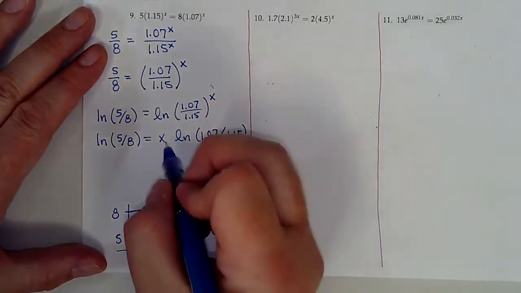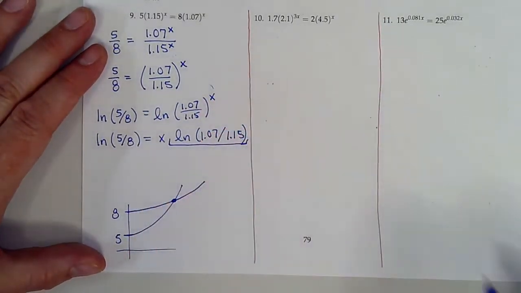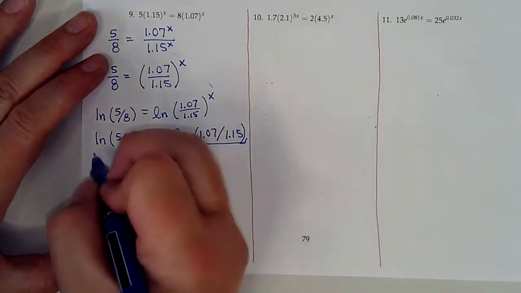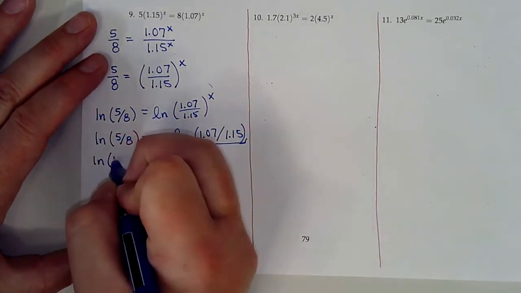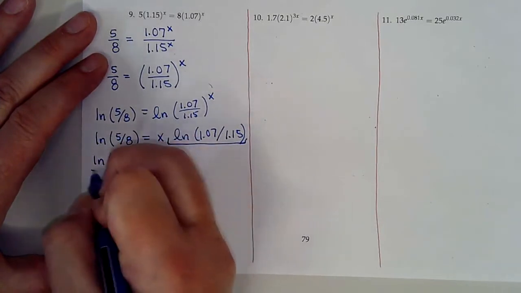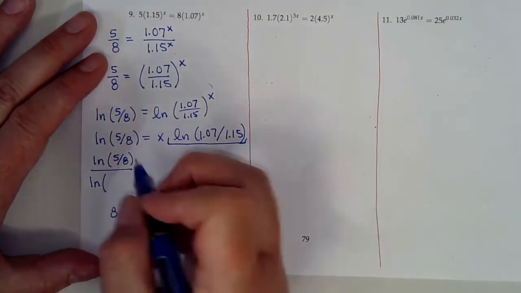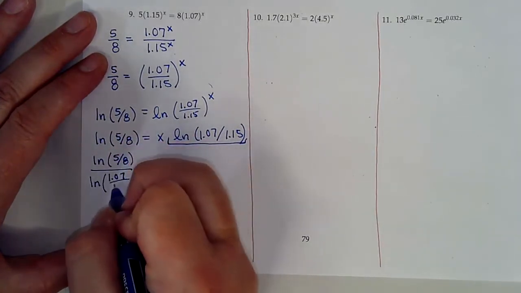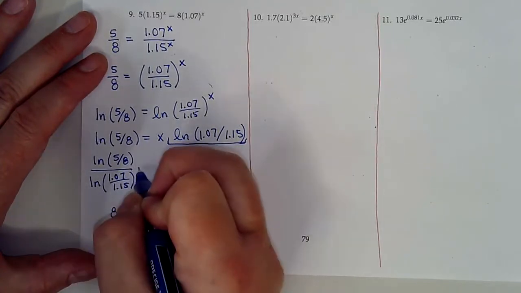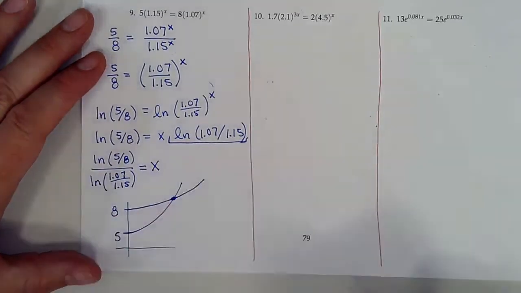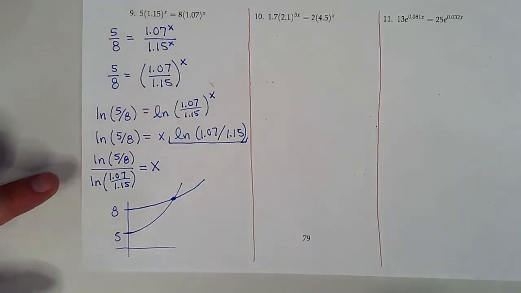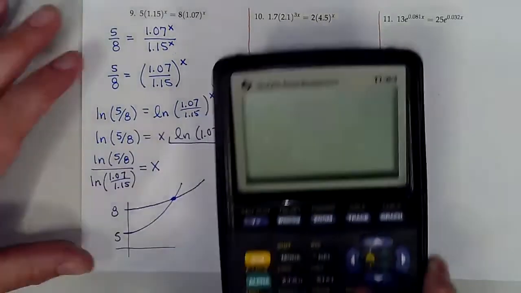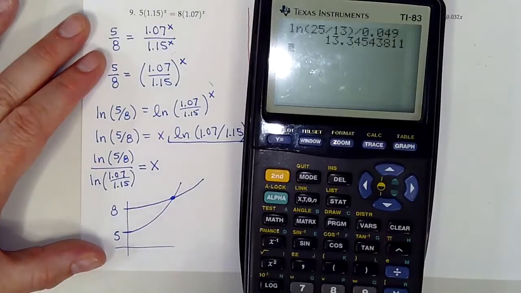And then to solve for x, all I need to do is divide this piece to the other side. So I get ln of 5/8 over ln of 1.07 over 1.15, and that's going to be equal to x. So that would be the exact solution here. And then for the approximate solution, we'll put this into the calculator.